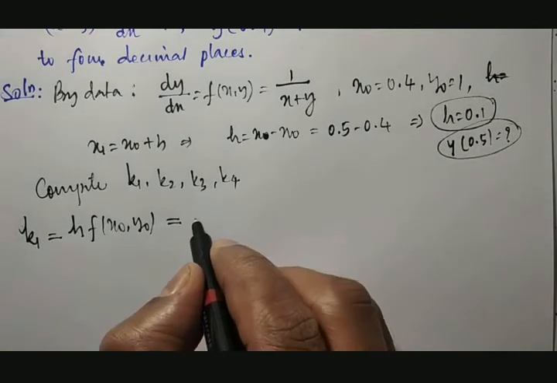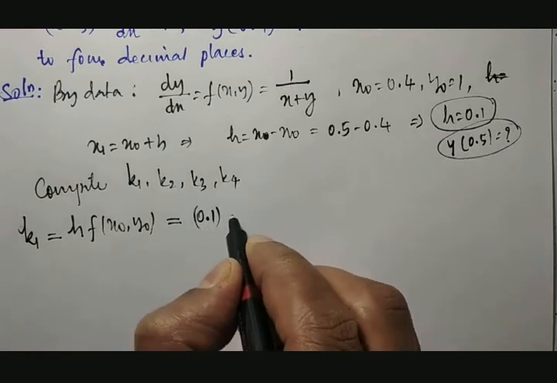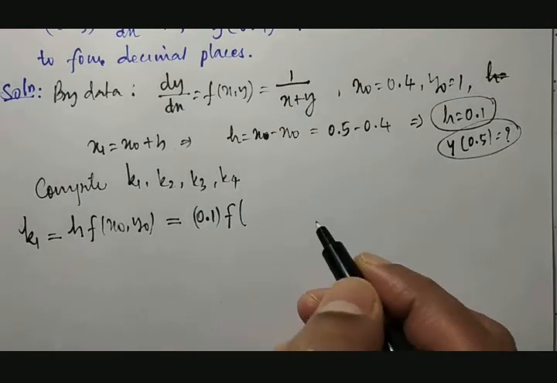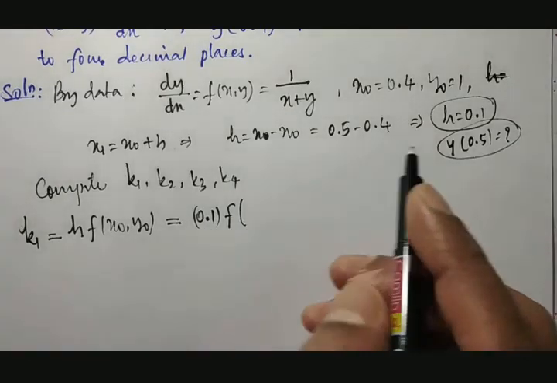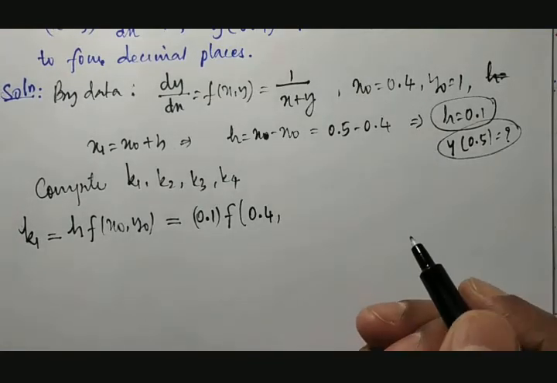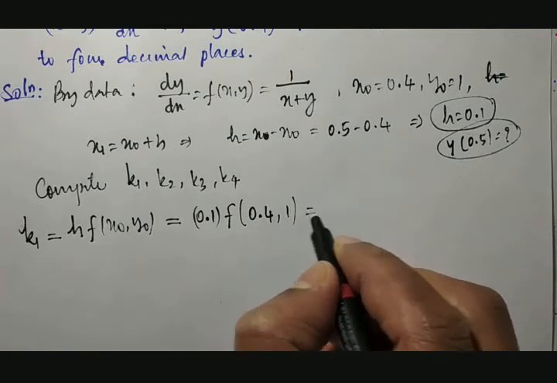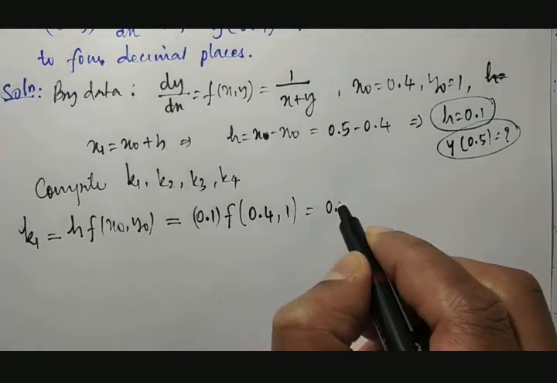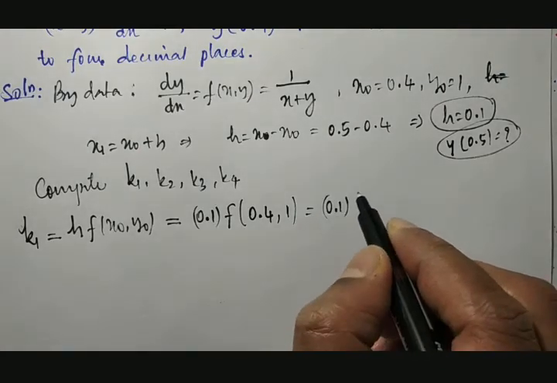What is h? It is 0.1. That into f of x naught is 0.4, comma y naught is 1. Clear? Which is nothing but 0.1 into the functional value.